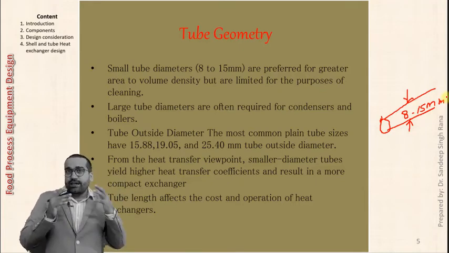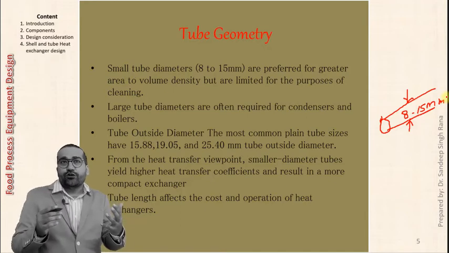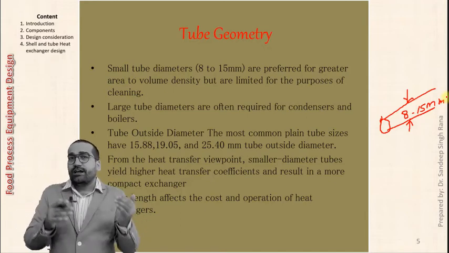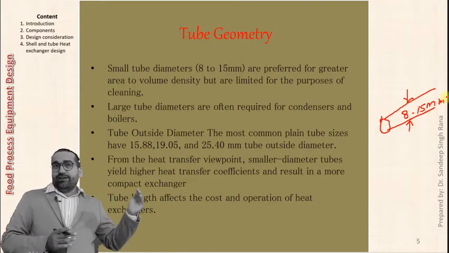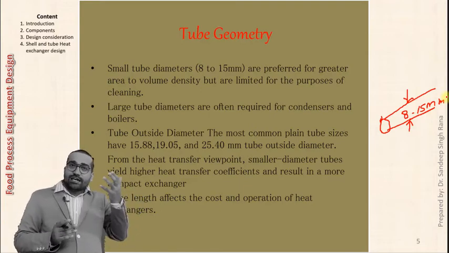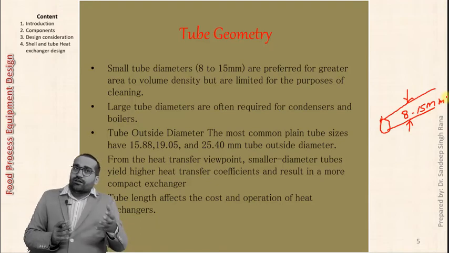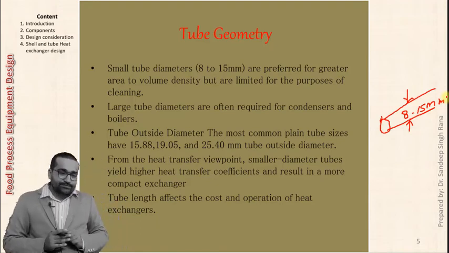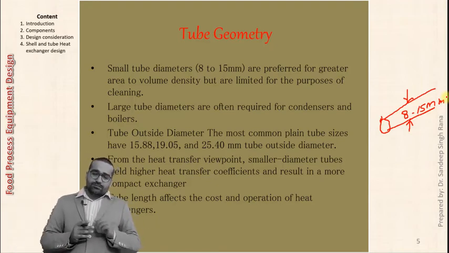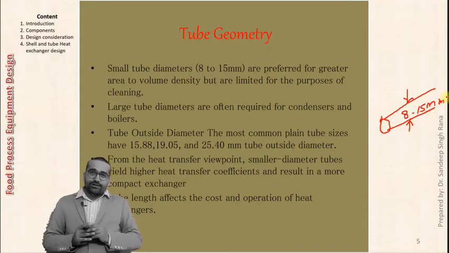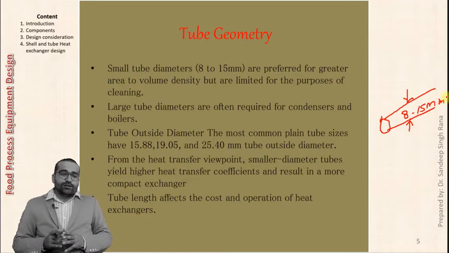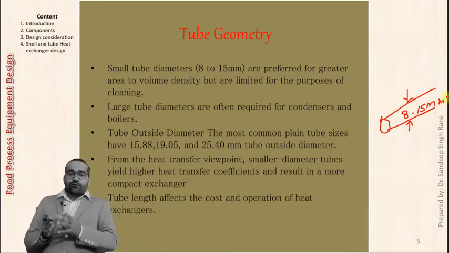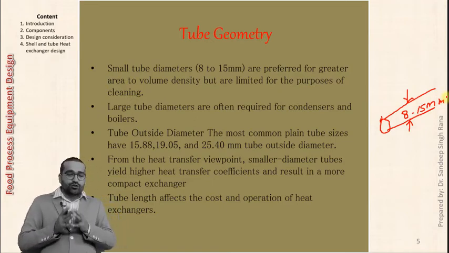That's why area is very important here, and that's why we are talking about greater area to volume density. But again, if we decrease the size of the tube further, it will be very difficult to clean it. Also, the most common size of tube is 3 by 4 of an inch or 1 inch.